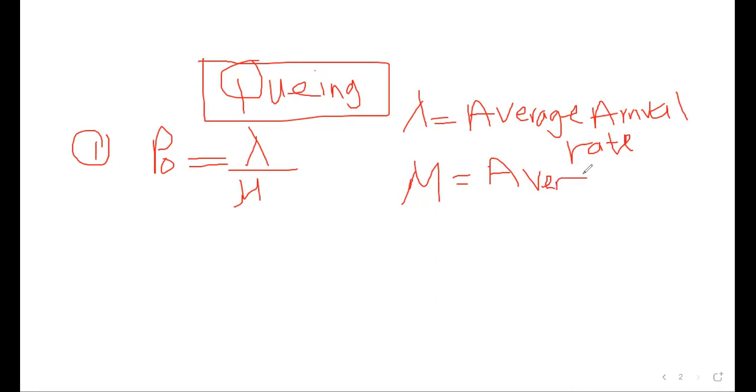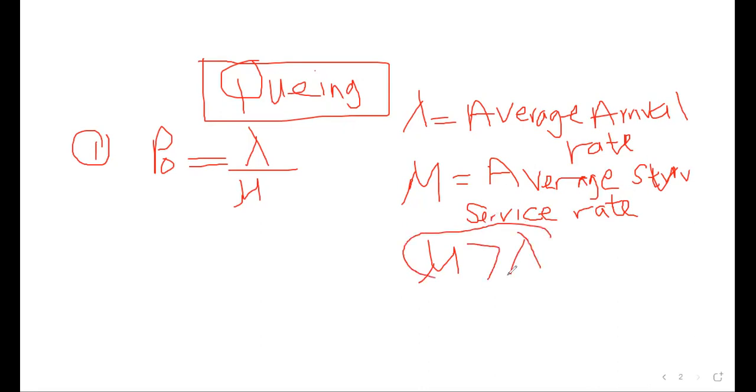So on average, what is the service rate? What we are simply saying is that the service rate should be more than the arrival rate if we are to manage the queue.